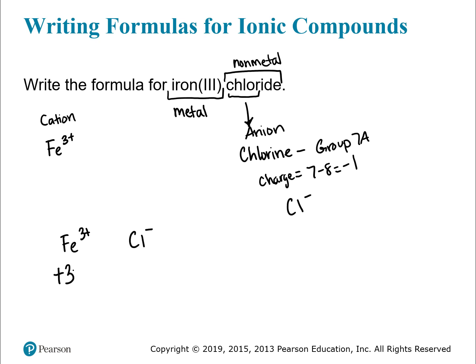Our charge on the cation is +3. Our charge on the anion is -1. Those two do not match. So we need to make sure that our total positive equals our total negative. Now, if we added another iron here, that would make the difference even bigger. So that means we've got to add more chlorine, add more chloride ions.